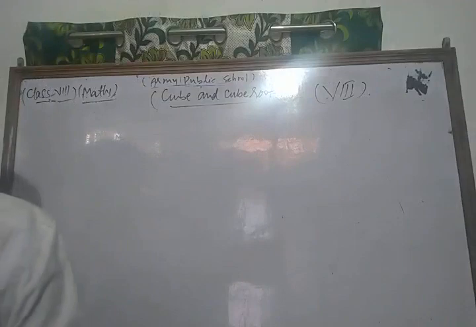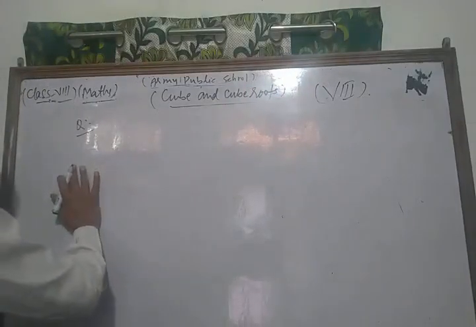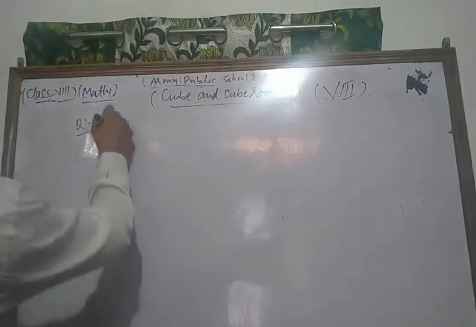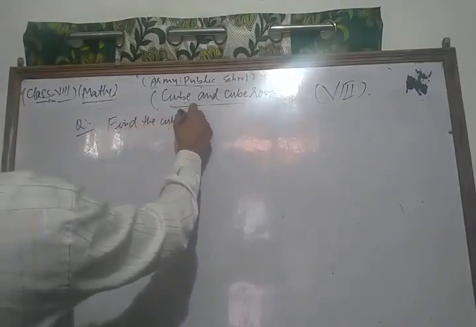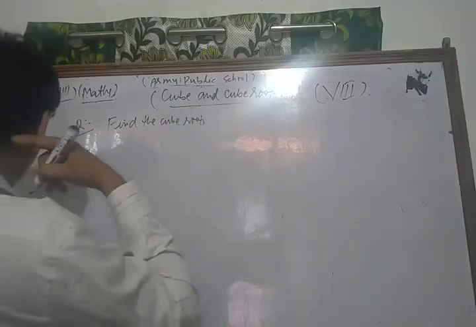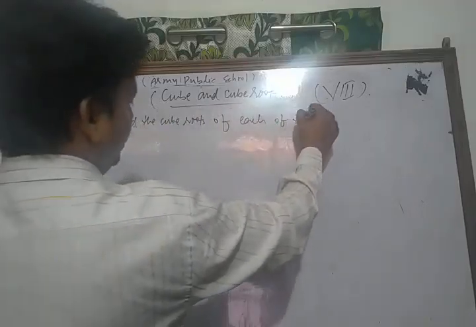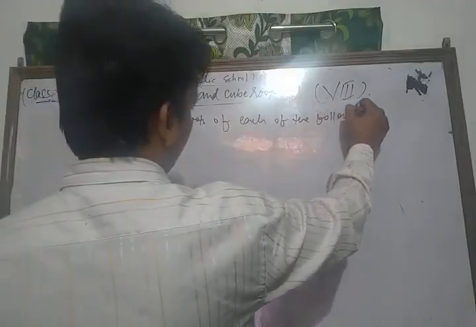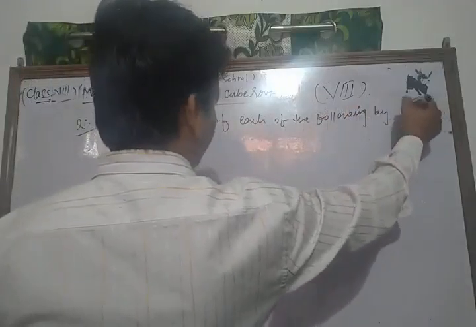And your question is, find the cube roots of each of the following by the prime factorization method.